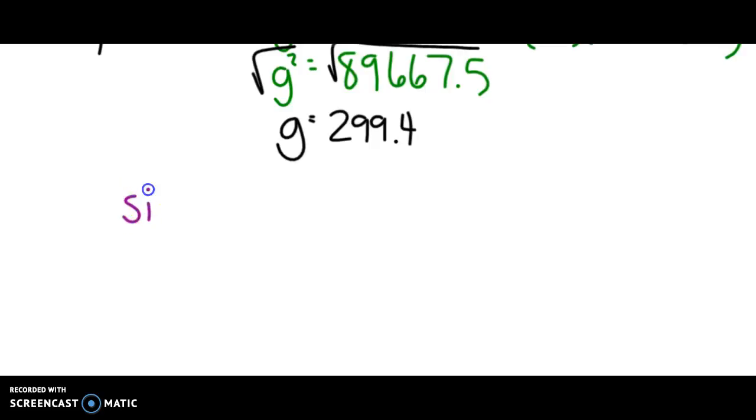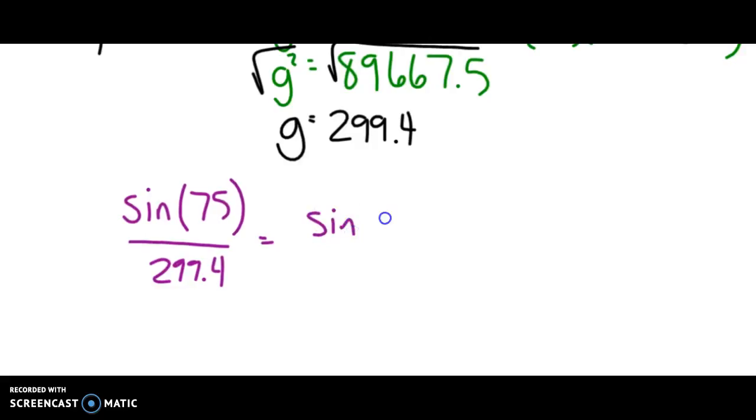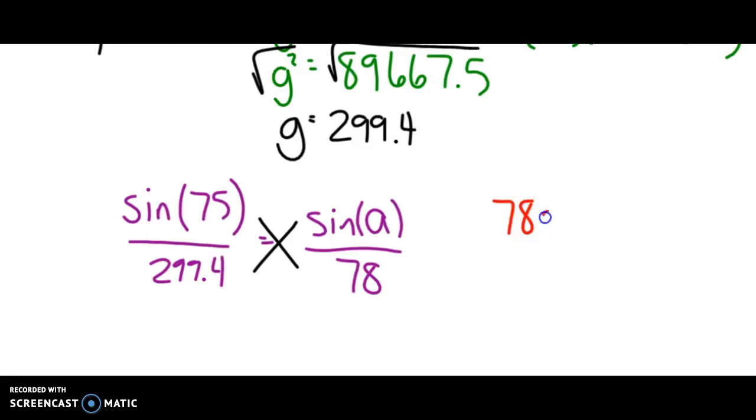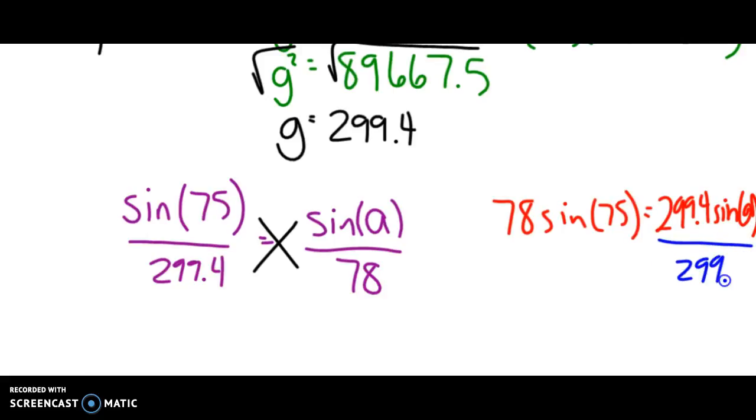So sine of 75 degrees over 299.4 is equal to sine of A over 78. So I cross multiply and I get 78 sine of 75 is equal to 299.4 sine of my missing value A. Divide both sides by 299.4.